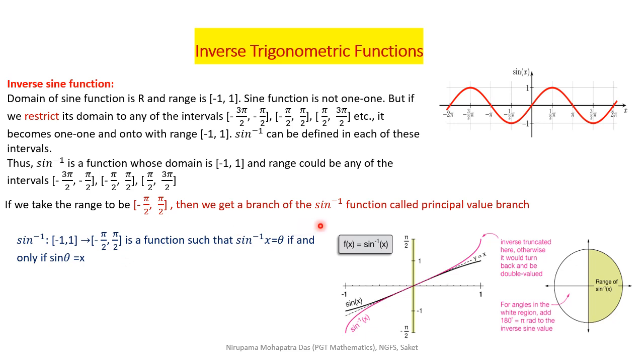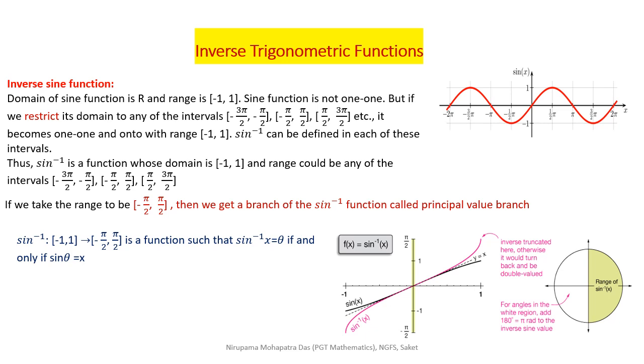So the principal value branch we may define as, number 1, the range of the inverse trigonometric function. Secondly, the principal value branch is that branch in which the trigonometric function will be one-one.